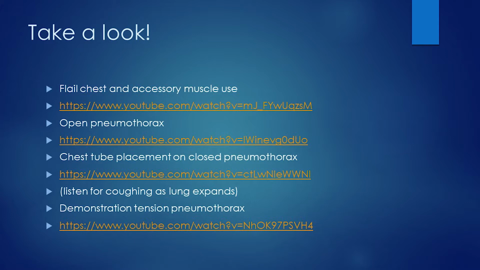Listen for the cough as the lung expands when he puts that in. And then there's a demonstration of a tension pneumothorax. These are mostly less than 5 minutes, very short video clips. They're really going to clarify this in your mind. You're going to look at it and you're going to get it. So just look real quick at these, and it'll help you understand chest tubes a lot better.